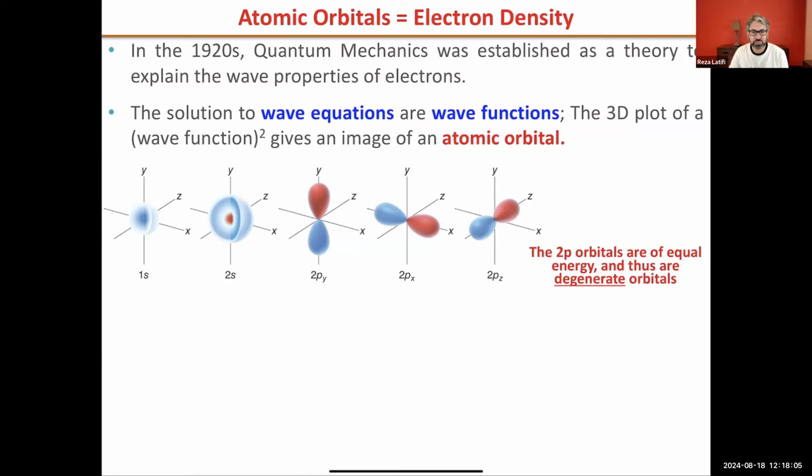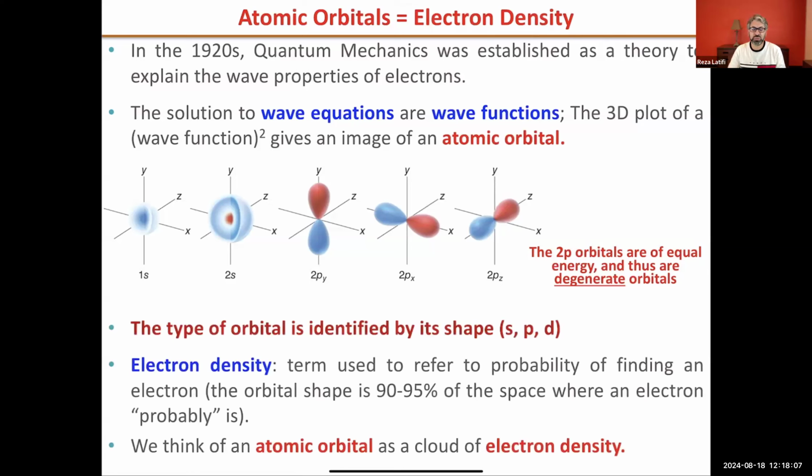If you ask a physical chemist or a chemist, they don't like to treat an electron as a particle. They usually treat it as a cloud, and they use electron density to refer to that cloud. So every time we are talking about electrons, we will be using electron density.